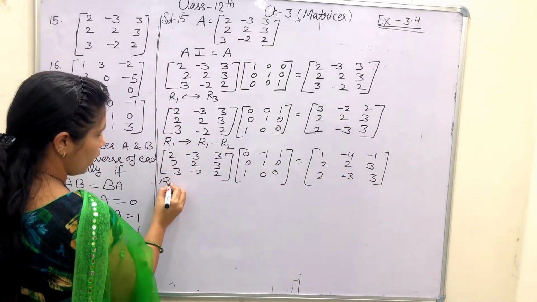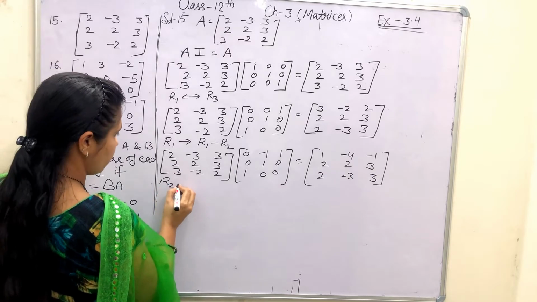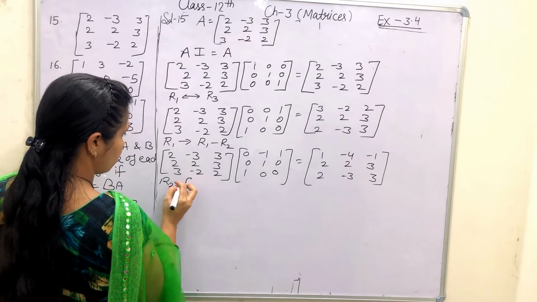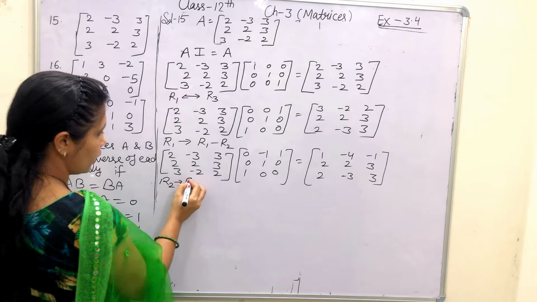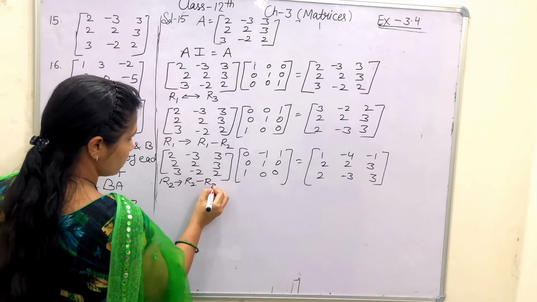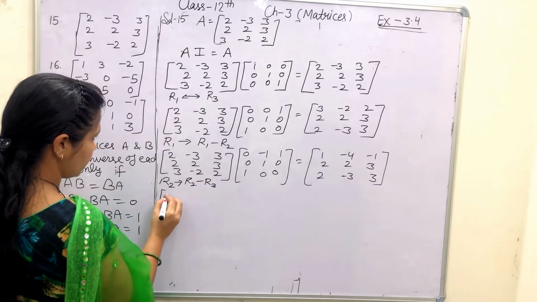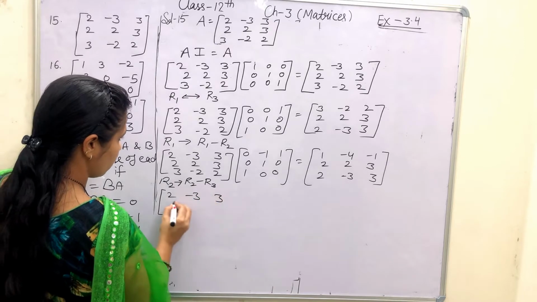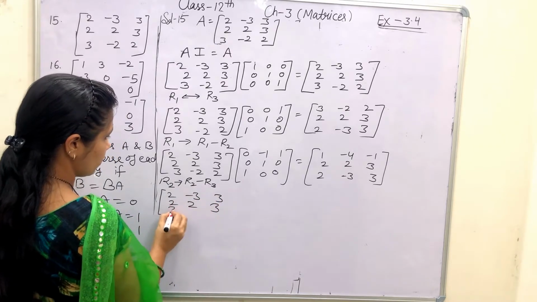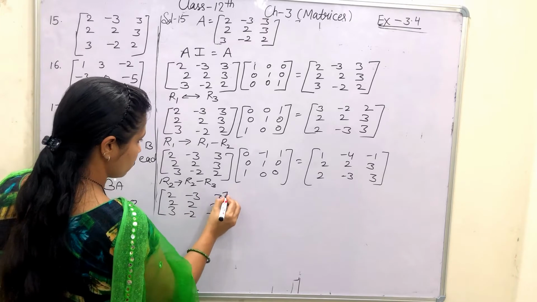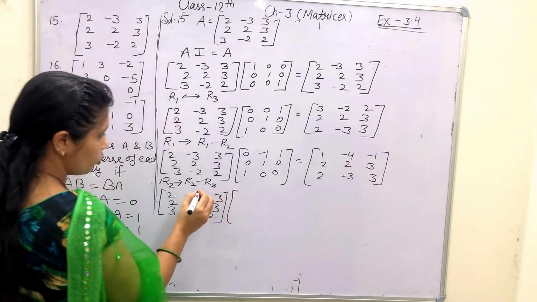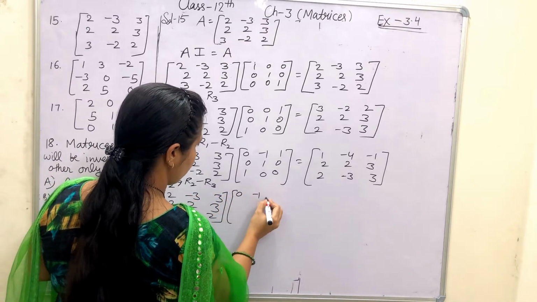Now R2 minus R3, applying on R2, R2 minus R3. Here we get 3 minus 2 plus 2. So there is no effect on our R1.